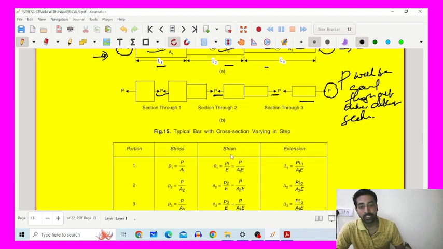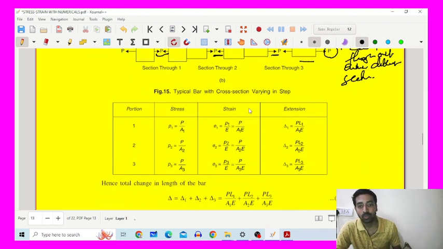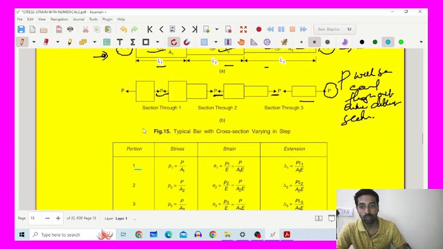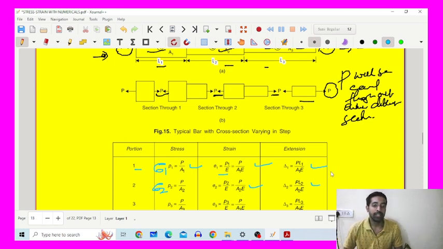When you see the problem, first you consider portion 1. For portion 1 you can find sigma 1 and the strain, and you will also get the value of delta 1, that is the extension. Similarly sigma 2 can be calculated, strain can also be calculated, and delta 2 we calculate, because in this problem only length and area are changing.